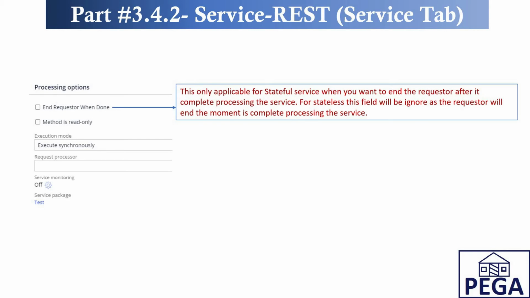This is only valid for stateful. For stateless, the moment it processes the request, gets the response, and delivers it back to the consumer, the active requester automatically ends and goes to the idle requester pool. But this is required only for stateful services if you want the requester to end.